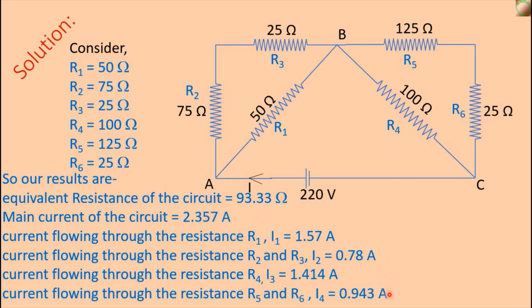So this plus this is equal to 2.357 ampere. So this is the solution of this problem.